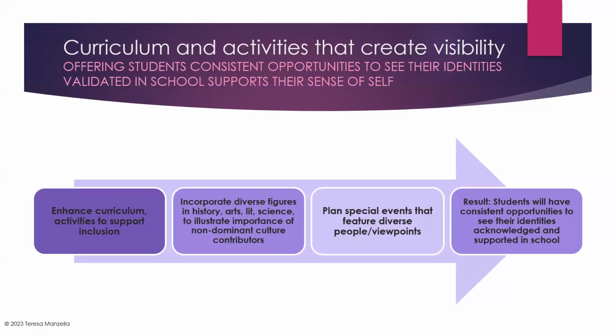So it sounds like you folks have a pretty good handle on curriculum and activities to create visibility. I'm hoping that maybe I can make a couple of other suggestions, things that you can do to create visibility for LGBTQ plus students. There are a lot of things on the calendar every year, and I don't know if your schools support them at all.